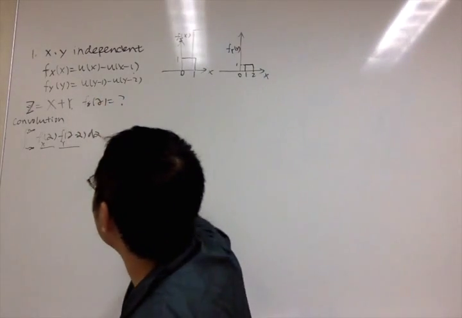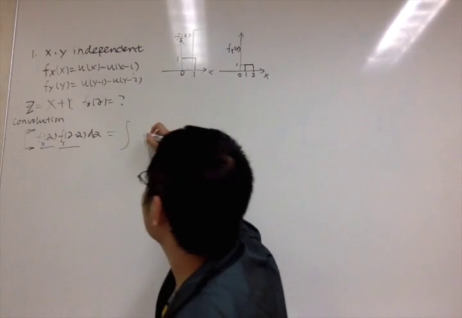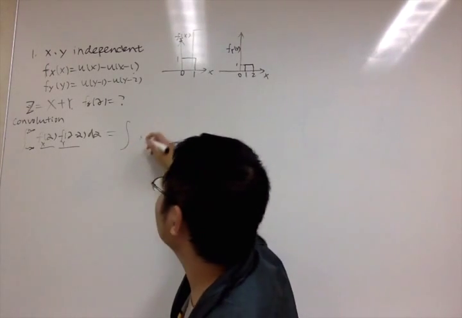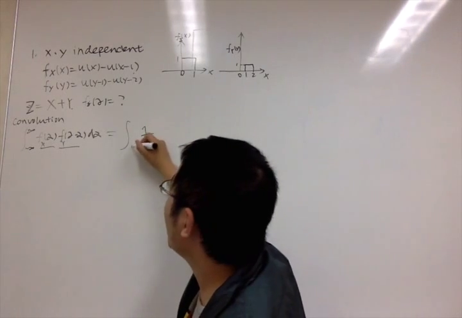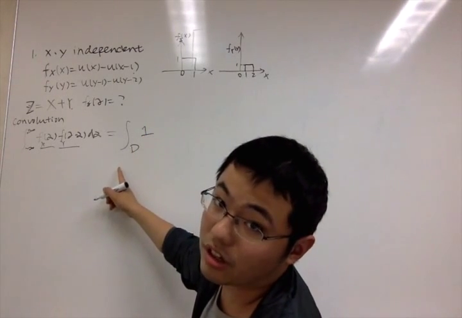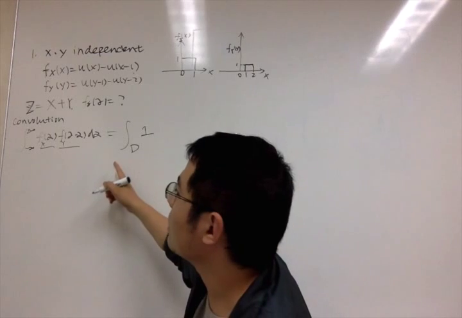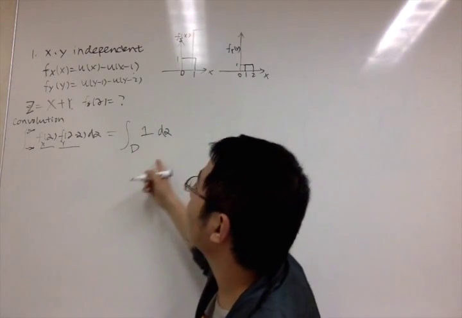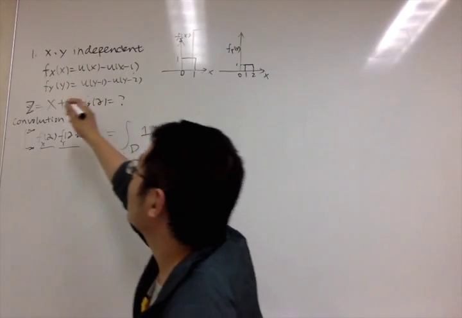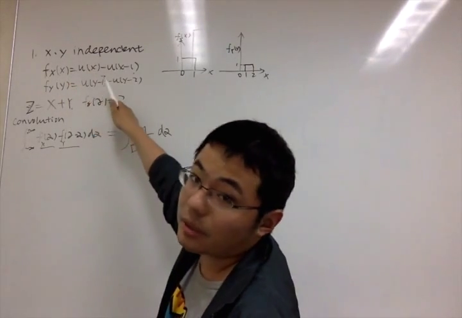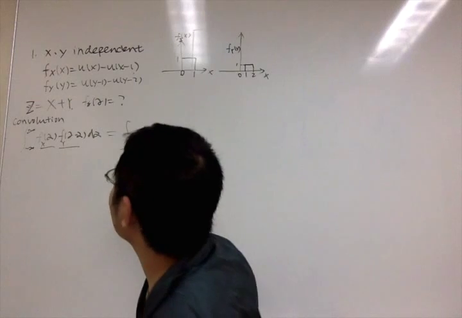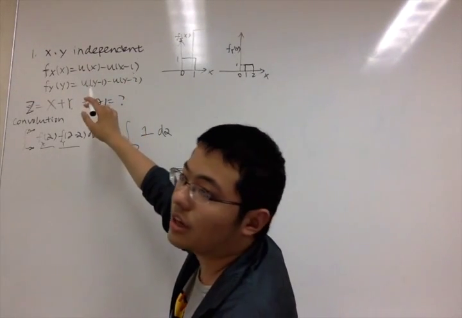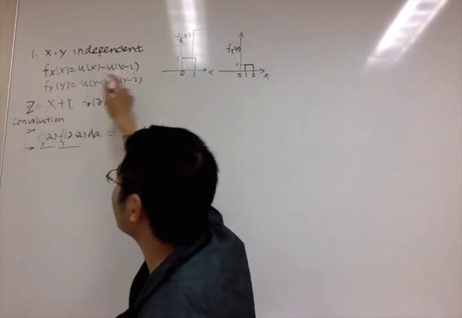So the function to be integrated, we could simply write as 1. However, we need to carefully work on the region in which the function is non-zero. When we're talking about f_X, we know that f_X is non-zero from 0 to 1.